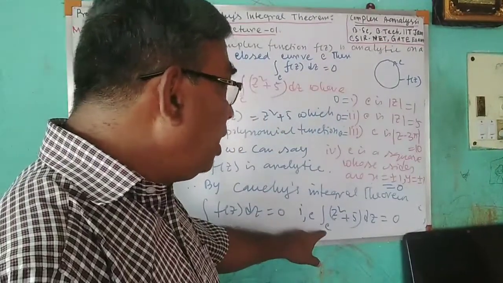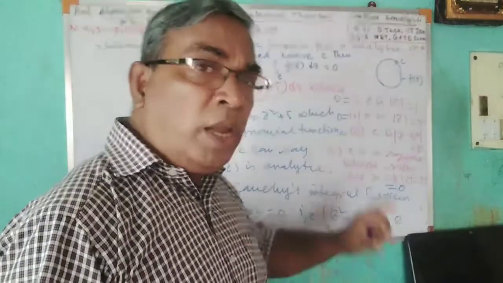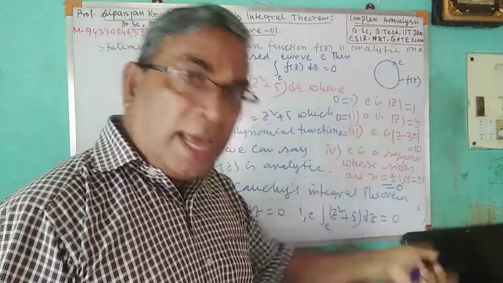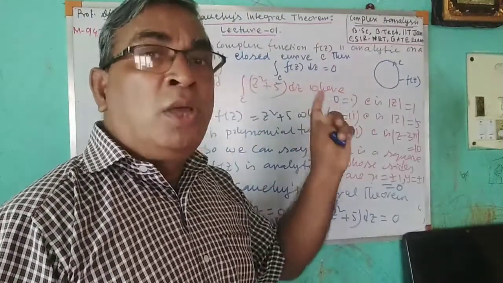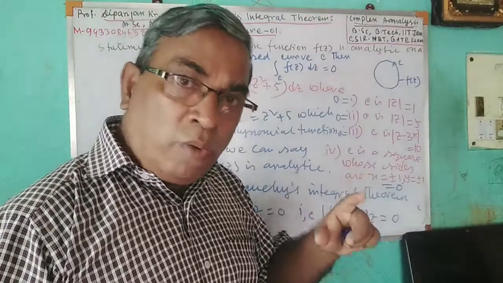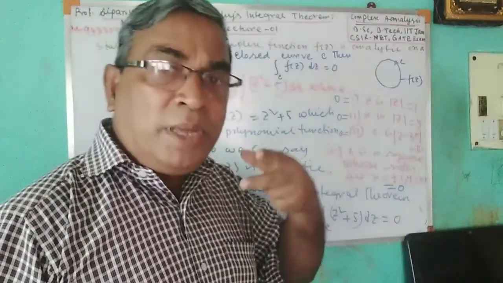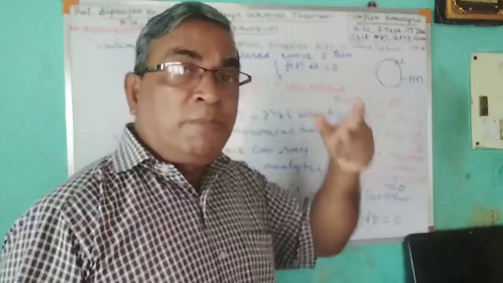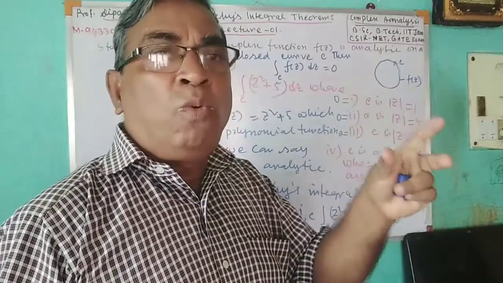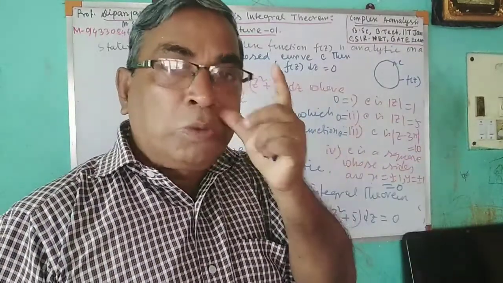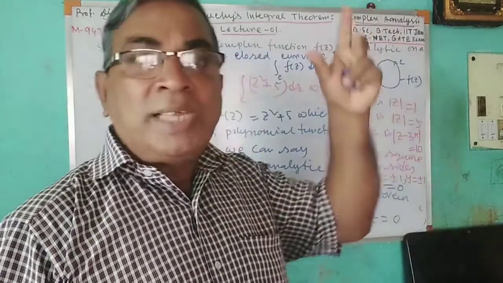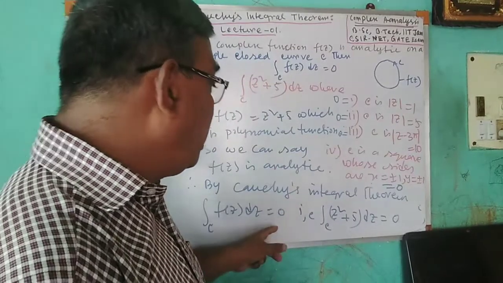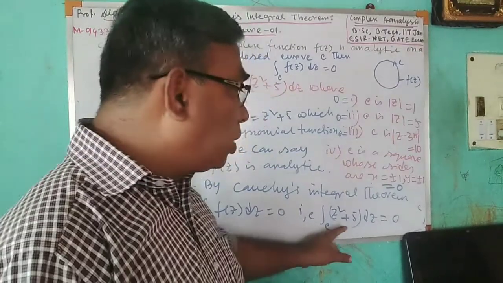When f(z) is an analytic function, we won't see which closed curve it is. It may be a circle, a straight line, a square, or a rectangle. Directly according to Cauchy's integral theorem, the integration on any closed curve will be 0.